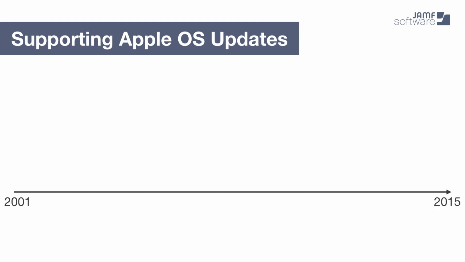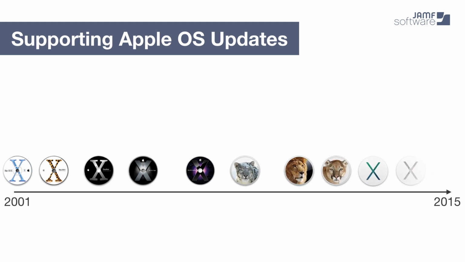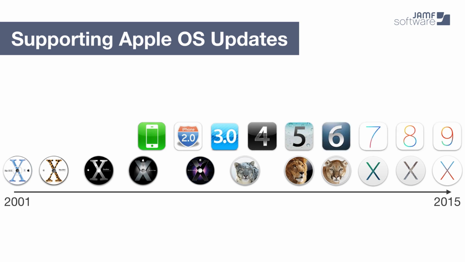Apple's operating systems have evolved a lot over the past 15 years, really from the birth of Mac OS X back in 2001 with 10.0 Cheetah. And iOS has brought a wonderful new litany of products that it runs on. It's also paved the way for annual releases that Apple's been doing.